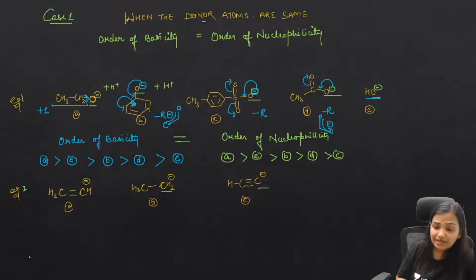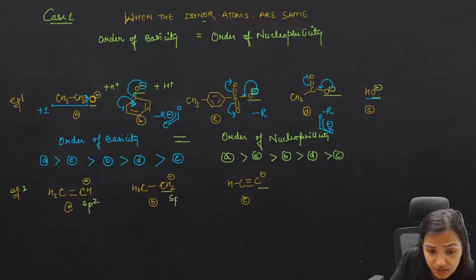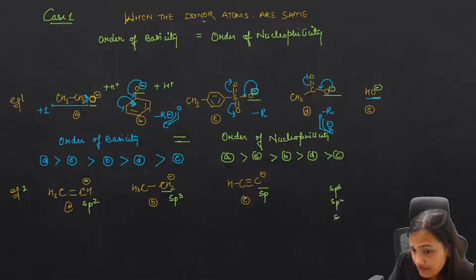We can say that this is a carbon which is sp2 hybridized, this is the sp3 hybridized carbon, and this is the sp hybridized carbon. That is sp3, sp2 and sp.